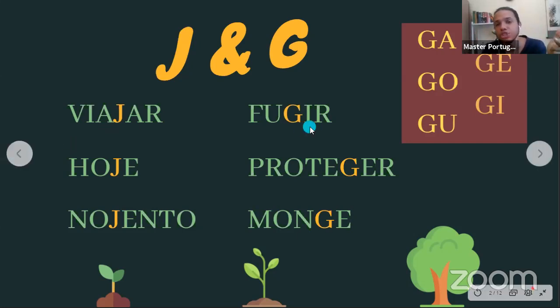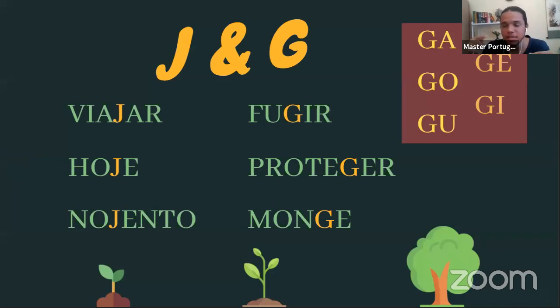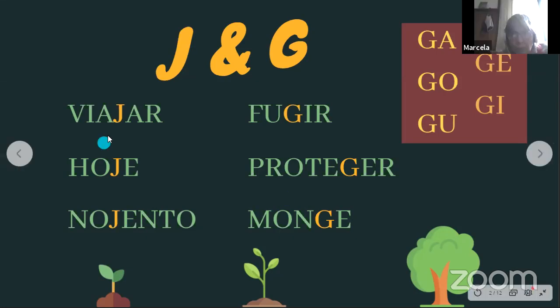Viajar, fugir. Hoje, hoje. And it's very interesting if you pronounce the words while I say them as well, on your own. And then afterwards, just repeat after me. And then afterwards, I will invite you to speak so I can correct your pronunciation, okay?